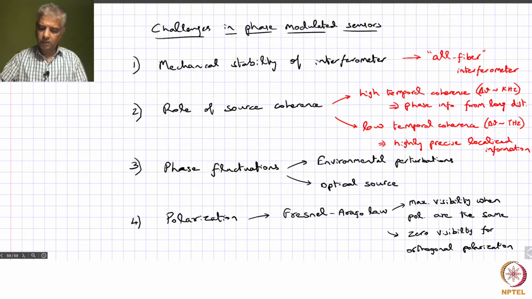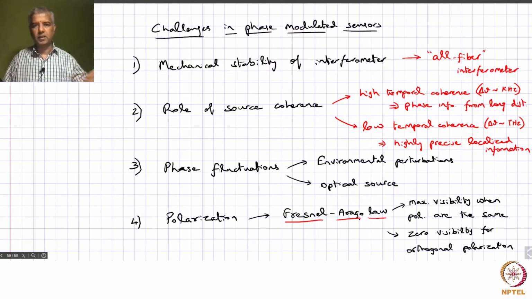When you consider polarization, we have to consider what is called the Fresnel-Arago law. We said at the end of the last session that the Fresnel-Arago law says you can get maximum visibility when the interfering sources have the same polarization, and the other extreme is the case where the interference has zero visibility for orthogonal polarization.